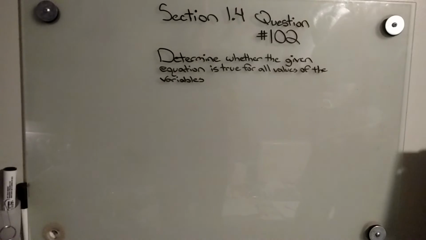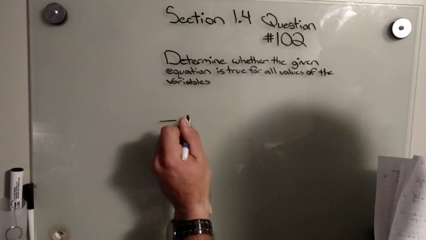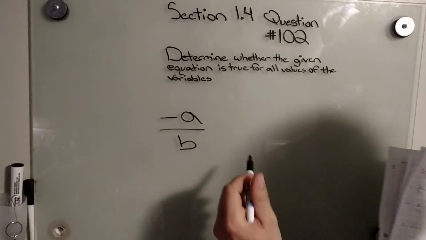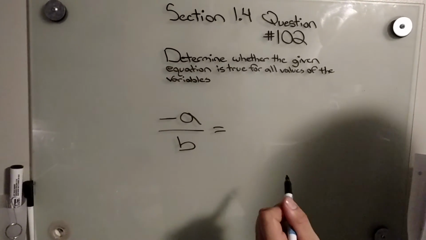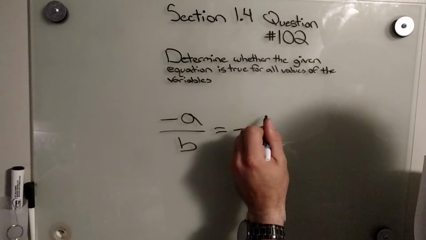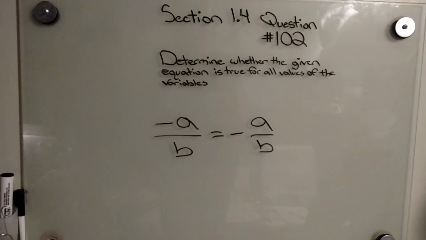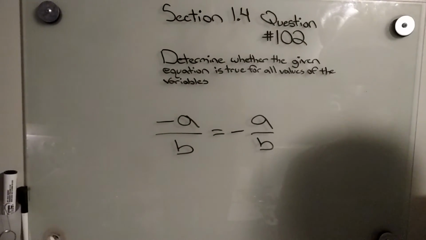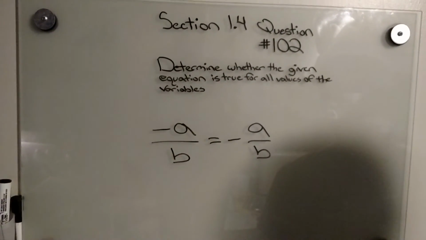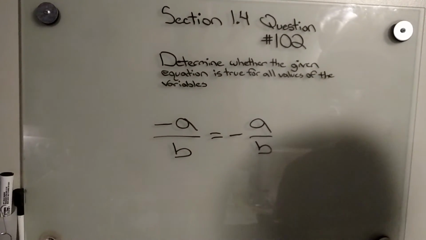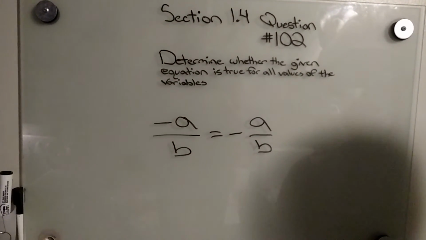And for our next equation, we have negative a over b equal to negative a over b. And these are in fact true for all values of the variables, because any negative divided by a positive is going to be a negative.